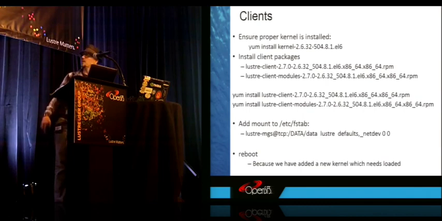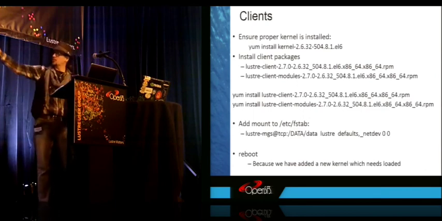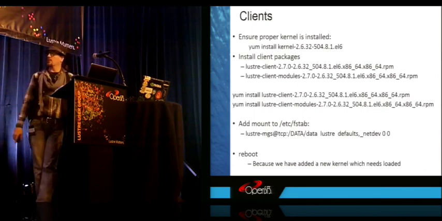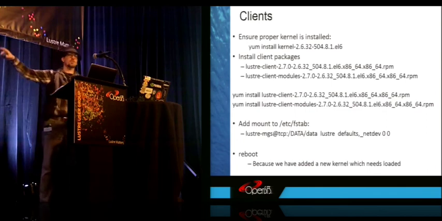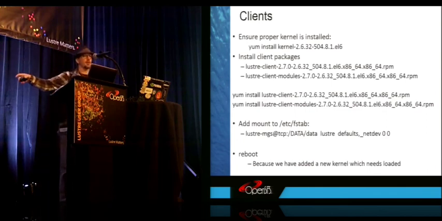And again, with the client, you have to reboot, so it loads the new kernel. And once you've done that, it'll load it, and then it'll try and mount that. I use _netdev so that it knows this is a network-based file system, and if the network's not fully up yet, don't bother trying to mount it, otherwise it sits and waits and takes forever. So that's what those do.